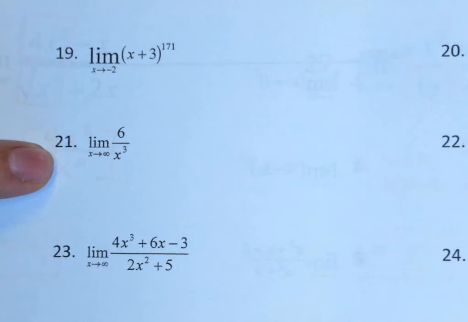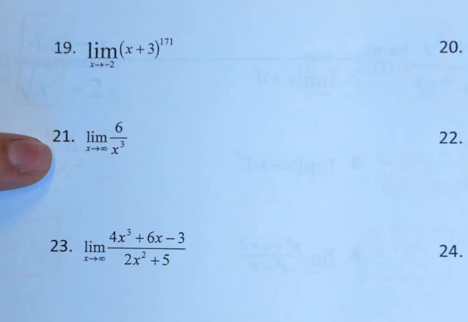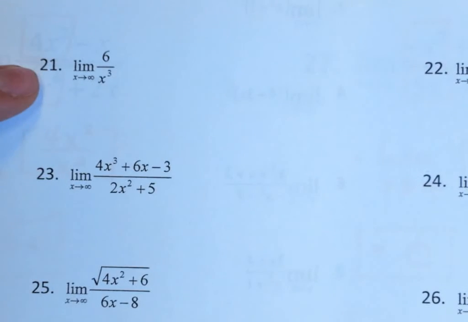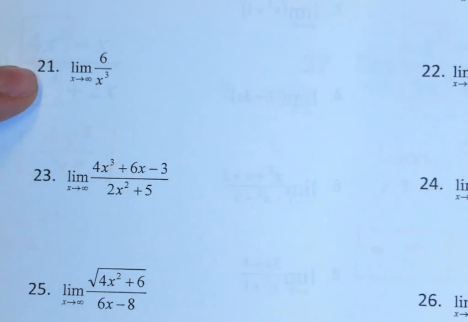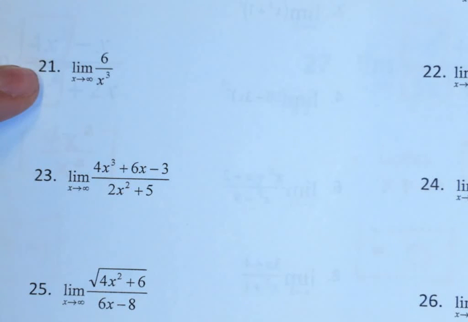Okay? Whereas on the back, starting with number 21, we're going to be going to infinity. But you've got to pay attention whether it's infinity or negative infinity. Okay? So this is your homework. Every single one of you should finish this before we leave class today.